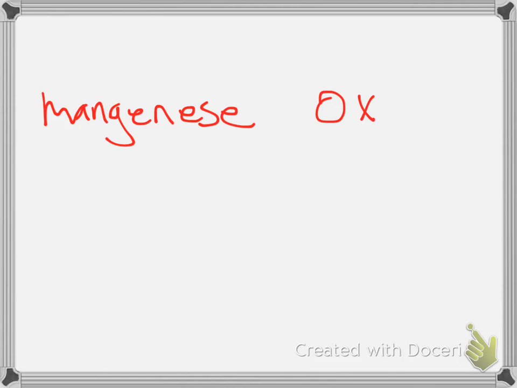Let's go the opposite way now. Let me give you a compound. Let's go magnesium. That's not a transition metal. How about manganese? There we go, something that sounds like magnesium. So, manganese oxide. Now it's a transition metal, so you need to know what the Roman numerals are in between the manganese and the oxide. Manganese is Mn.